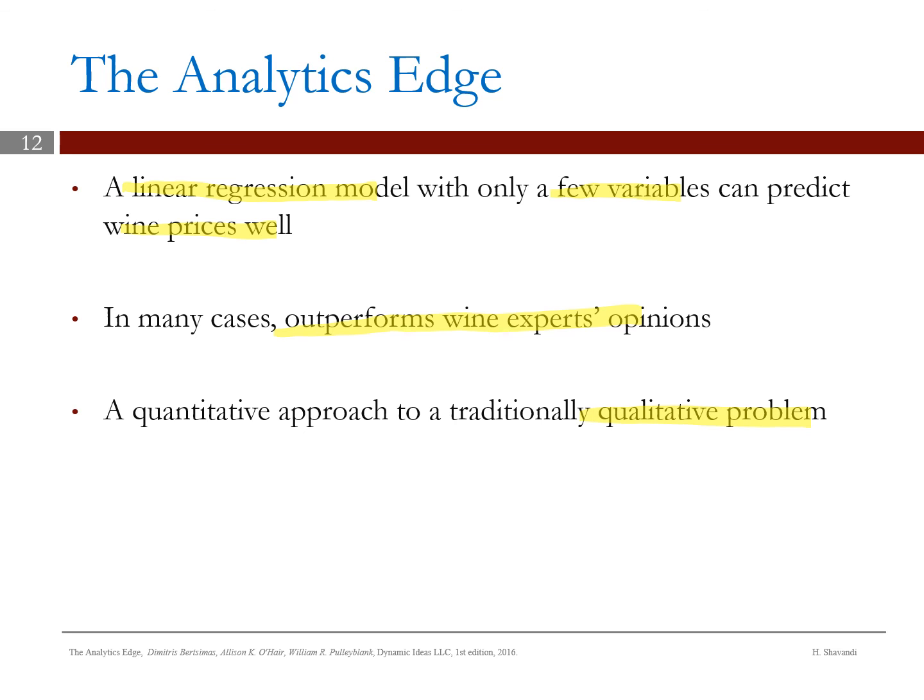It needed to be tasted by the experts. But now we have a quantitative approach for that problem, and we see how it performs. So this is the analytics edge here. Okay, thank you.